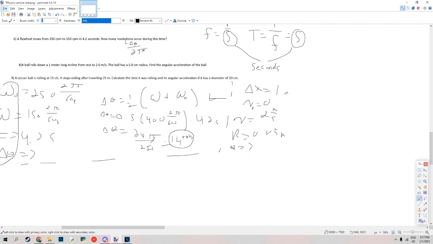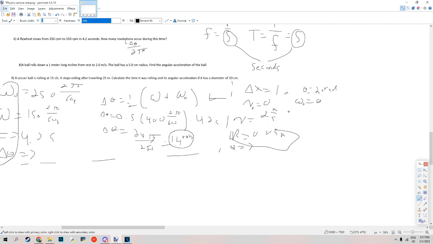Well, this right here is an angular, but all this is in linear kinematics. So we need to convert using the radius, which we were given. That means we divide everything here by 0.05, and we end up with theta is equal to 20 radians. Our initial angular velocity is 0 still.